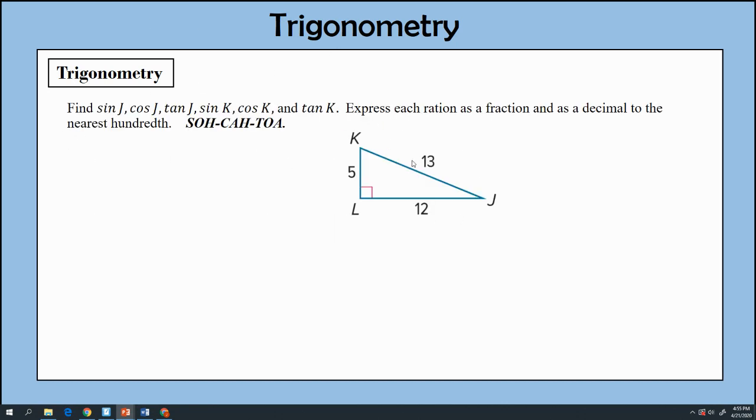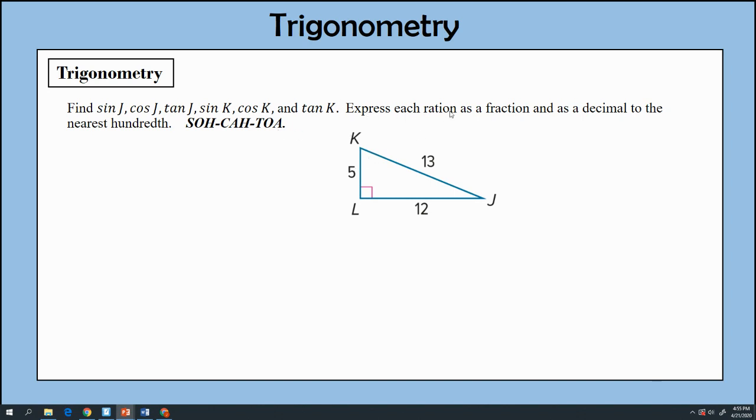All right, so this first example: find the sine of J, cosine of J, tangent of J. They're talking about this angle J, which is an acute angle of a triangle. We're also going to find the sine of K, cosine of K, and tangent of K. K is this angle in the triangle, this acute angle inside the triangle.